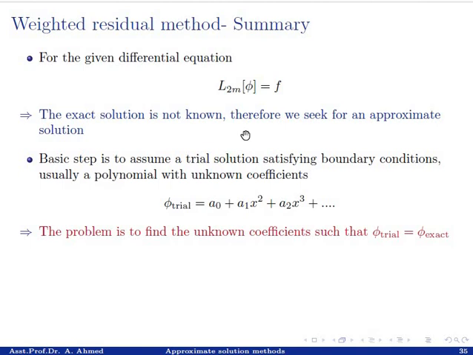So now for the given differential equation, the exact solution is not known to us. Therefore, we seek an approximate solution of this differential equation. And the basic step is to assume a trial solution satisfying the boundary conditions. Usually, we assume a polynomial solution with some unknown coefficients. For example, you can assume a trial solution, and you'll think that this solution might be the solution of this differential equation.